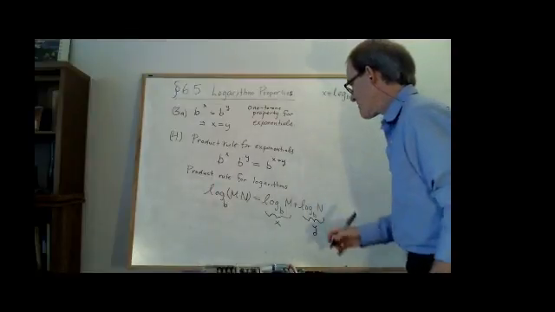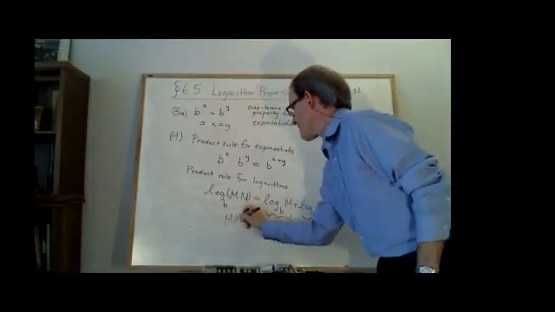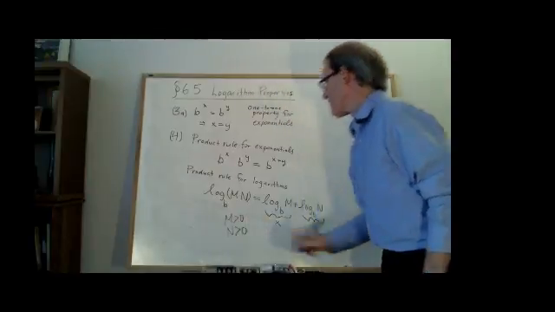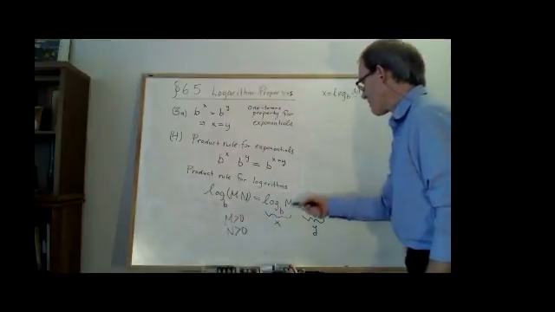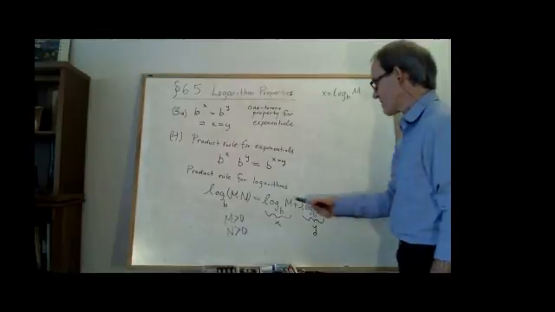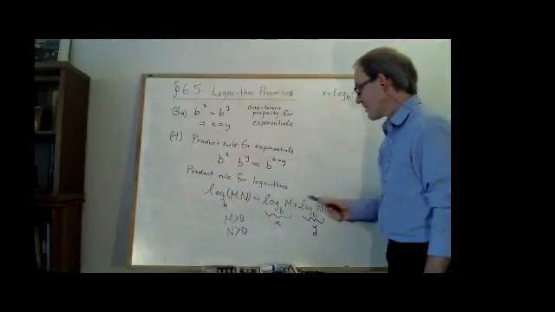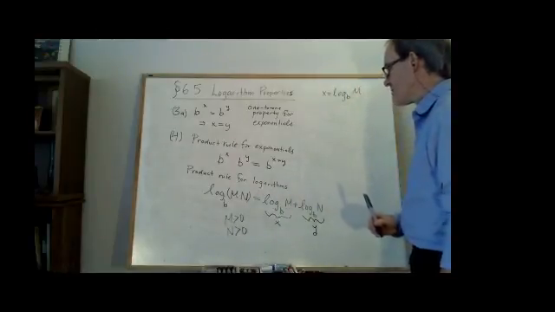And I'm assuming m is greater than 0, n is greater than 0, so that these expressions are all well defined, because I need the arguments to be positive in order to take the logarithm.